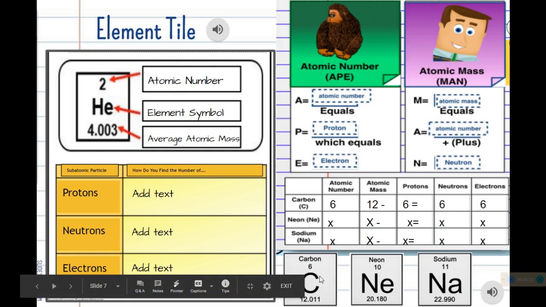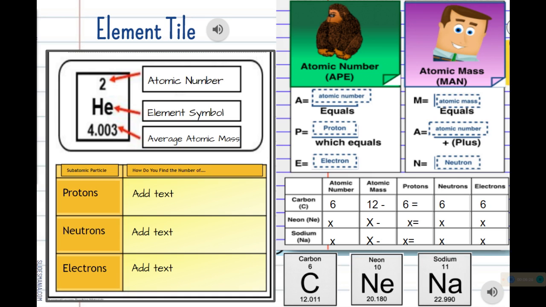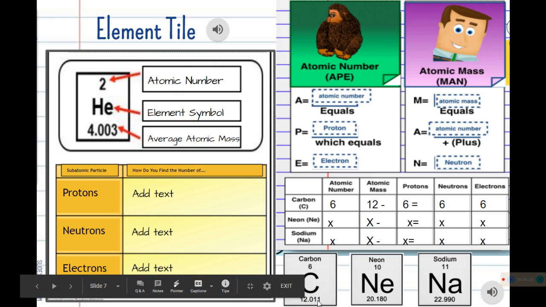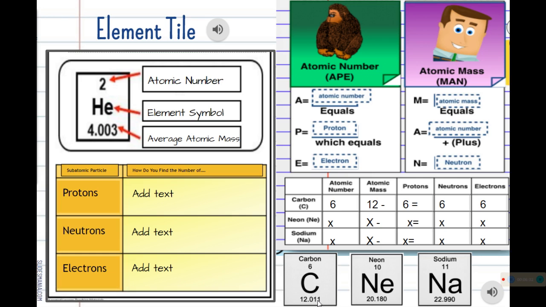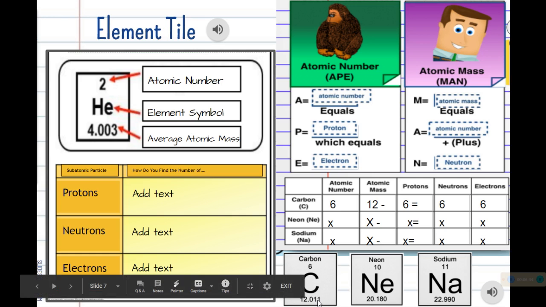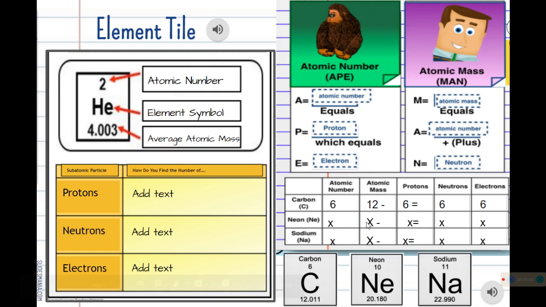So let's try this with carbon. Carbon has an atomic number 6, which means it's got 6 protons and 6 electrons. It's got an atomic mass of 12. So if I want to find my neutrons, I'm going to take my mass, 12, minus my atomic number, 6, and I'm going to get 6.